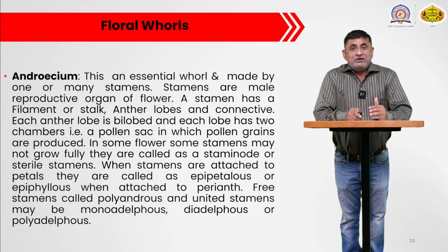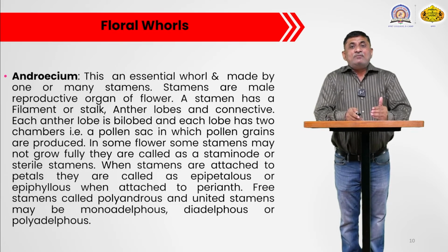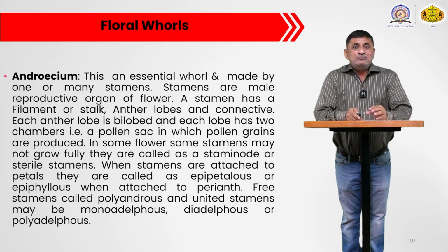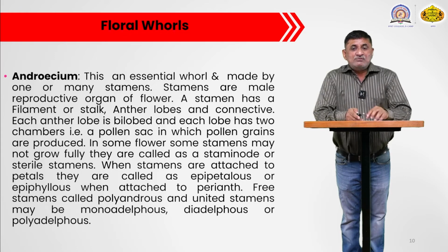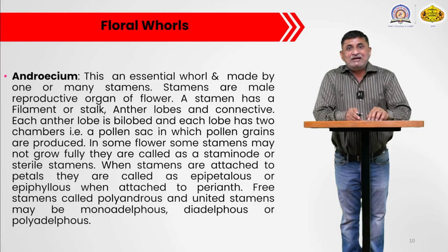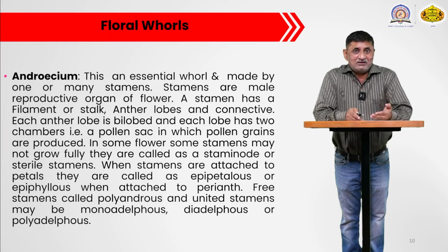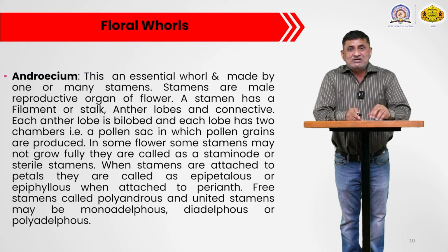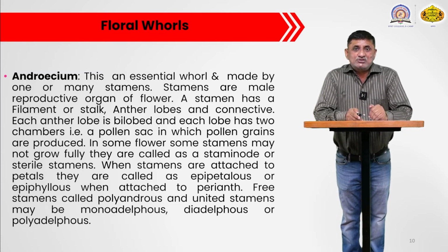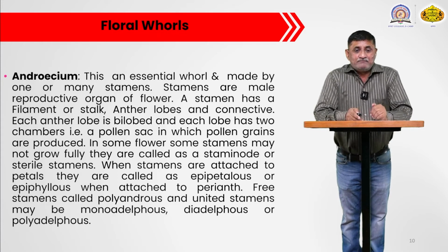So when we take a transverse section of the anther, we can see a four chambered structure, and that is the tetrasporangiate nature of the anther. Each anther lobe has two chambers, and that's why we see four chambers in a transverse section of a stamen.